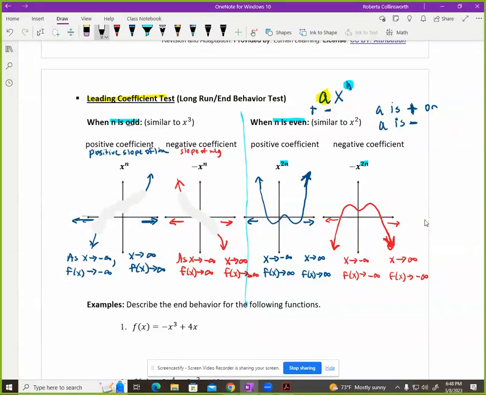Here I have a negative coefficient with an odd exponent, and this is what our end result's going to look like. Here I have a positive coefficient with an even exponent. It's going to look like this. And then I have a negative coefficient with an even exponent. It's going to look like this, the end results.